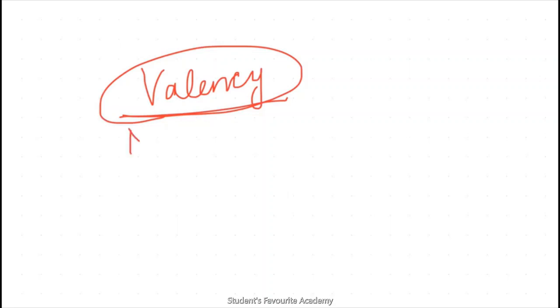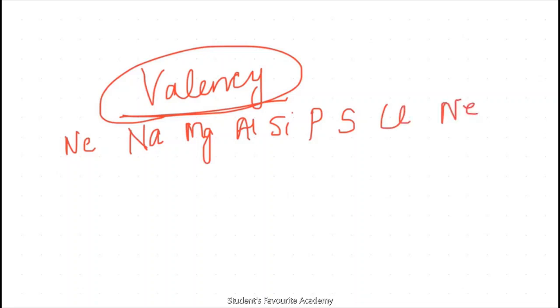So for attaining noble gas configuration, suppose I am taking third period elements. This is Ne, then Na, Mg, Al, Si, phosphorus, then sulfur, after that 11, 12, 13, 14, 15, 16, and then chlorine and then argon. Here, children, neon is not there; here I'll have argon. This is my noble gas which has electronic configuration 10, and this is also my noble gas which has electronic configuration 18.